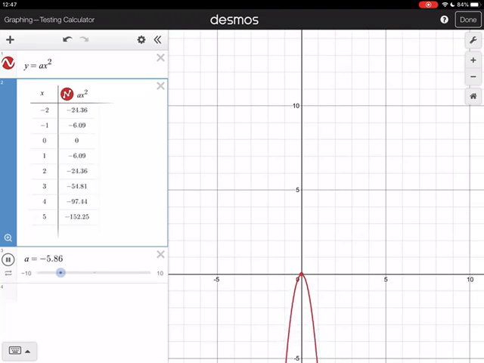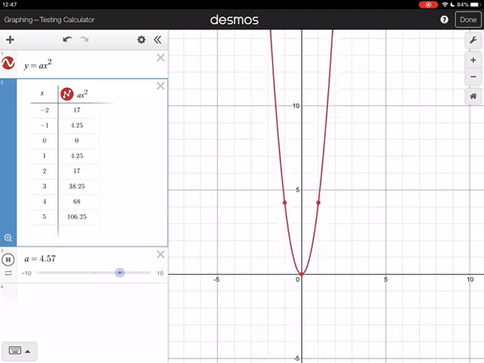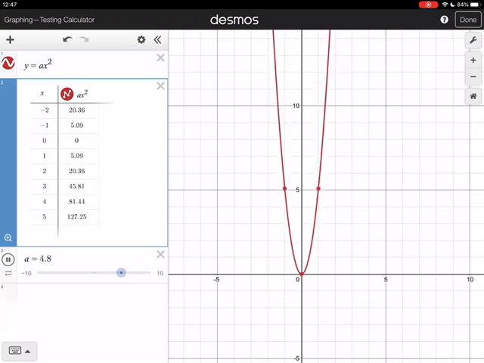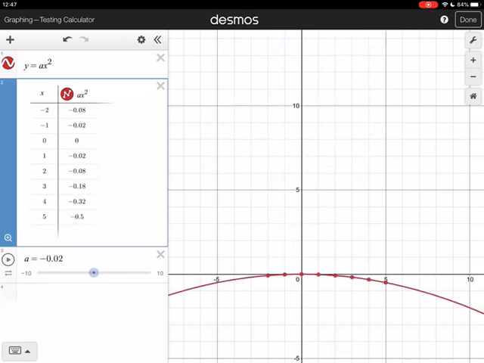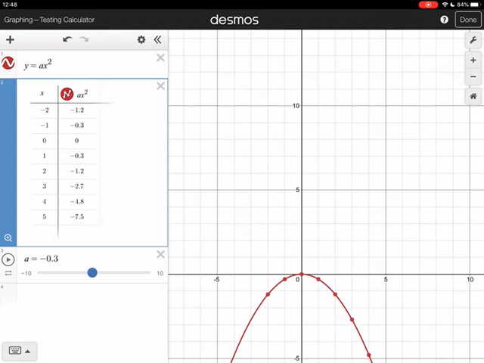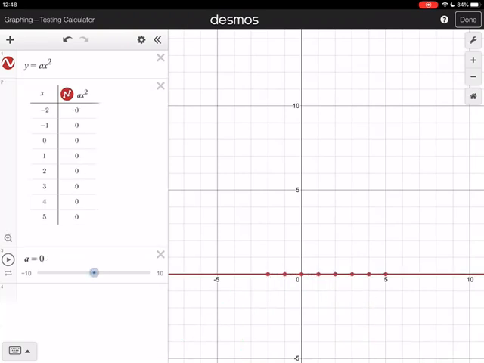And something we need to recognize is when that flip happens, which is right about here, where the graph looks like it's flipping over, coming from the negative y values into the positive y values, you'll notice that A equals 0. There it is. It's a straight line. It's a line actually at y equals 0. That's the equation of that line, y equals 0.